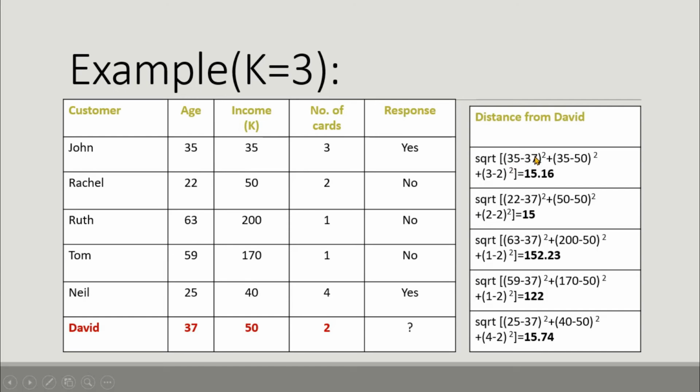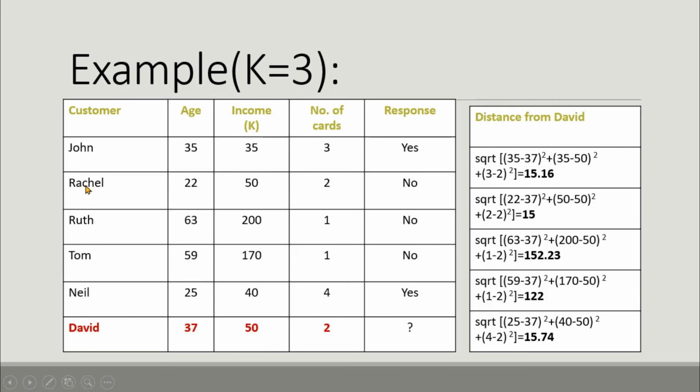It's 35 minus 37 whole square, plus the income of John is 35 and the income of David is 50, so 35 minus 50 whole square, plus the number of cars of John is 3 and the number of cars of David is 2, so 3 minus 2 whole square. If we calculate, square and take the square root, the result will be 15.16.